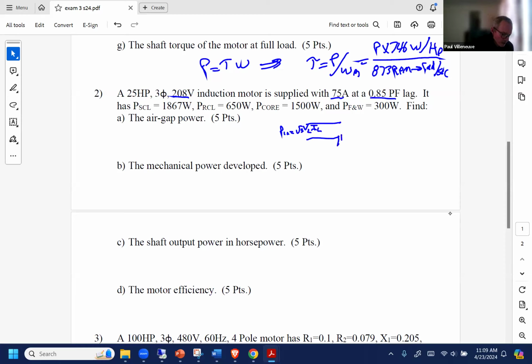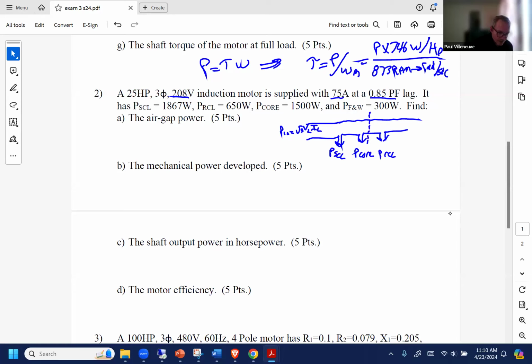The first power I'm going to drop off is my stator copper loss. The next power I'm going to drop off is my core losses. Then I'm going to drop off my rotor copper losses. Continuing on, at this point my power starts to get defined.